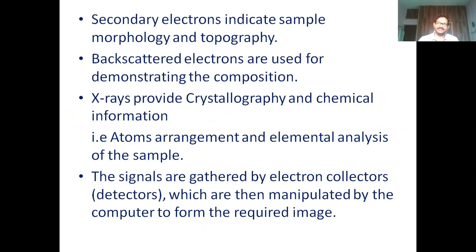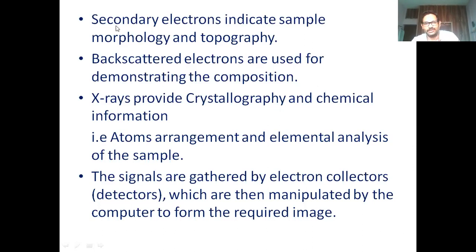These three, the secondary electrons, backscattered electrons, and X-rays, will provide qualitative information. If you use a detector to detect these electrons, they normally provide information. Secondary electrons indicate sample morphology and topography: the roughness, the smoothness, the texture of the surface, or the size and shape of the surface.